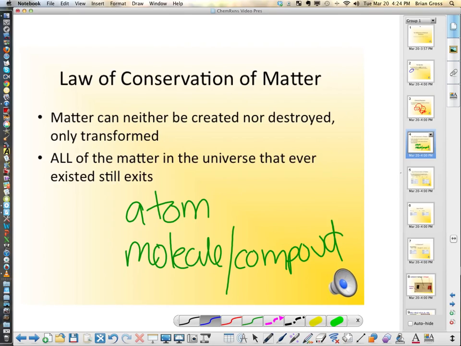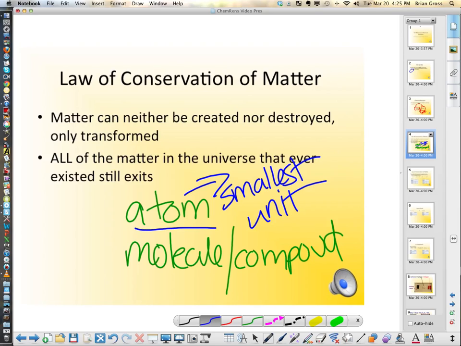An atom is the smallest unit. It has protons and neutrons, and you guys have talked about this. Atoms are the smallest chemical units. And a molecule or a compound is multiple of these atoms put together to make a compound.